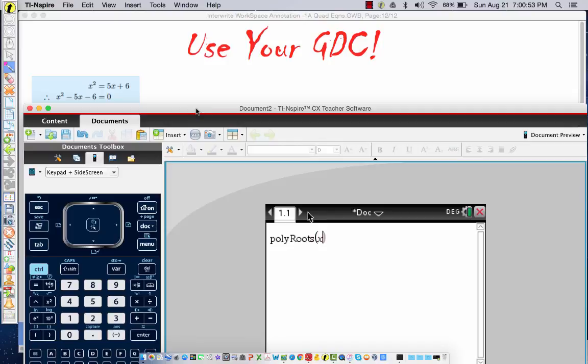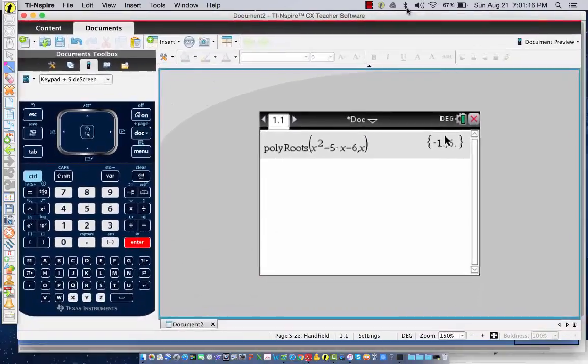So I'm going to enter x squared minus 5x minus 6, then a comma, and it has to be in terms of x, and I hit enter, and I get the roots. Is that the greatest thing you've ever seen in your life? It's negative 1, 6. How about that?